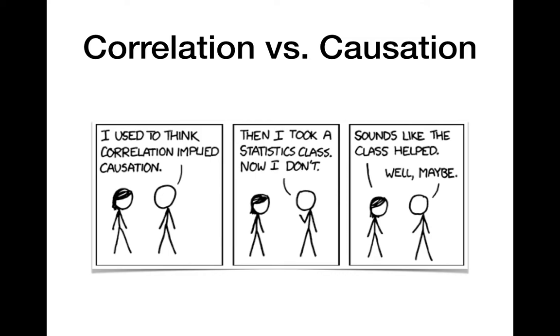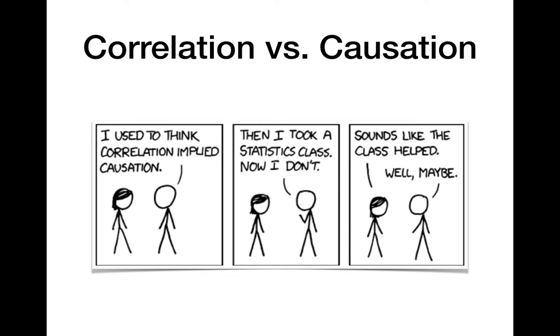Okay, so the idea here is that this person's implying that the stats class helped them understand the difference between correlation and causation. But this person now knows they're not the same, so maybe it did, but we can't say for sure that the stats class caused this learning, because that would be implying that correlation caused causation.